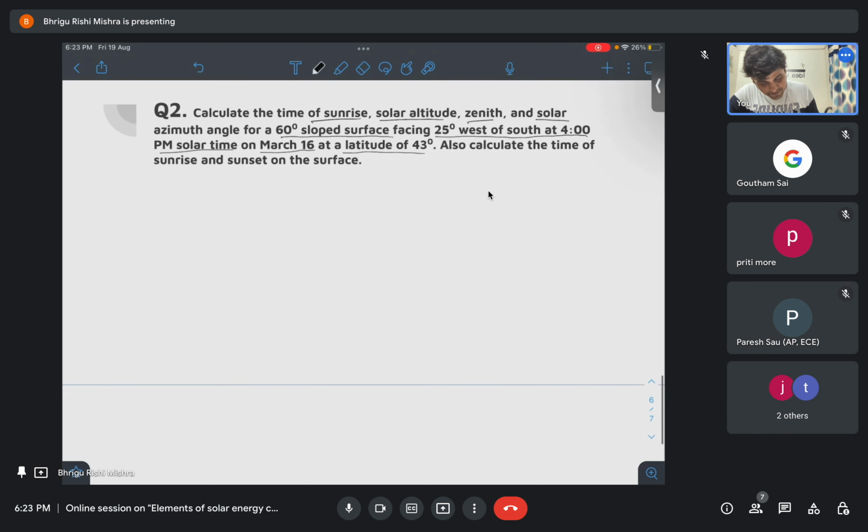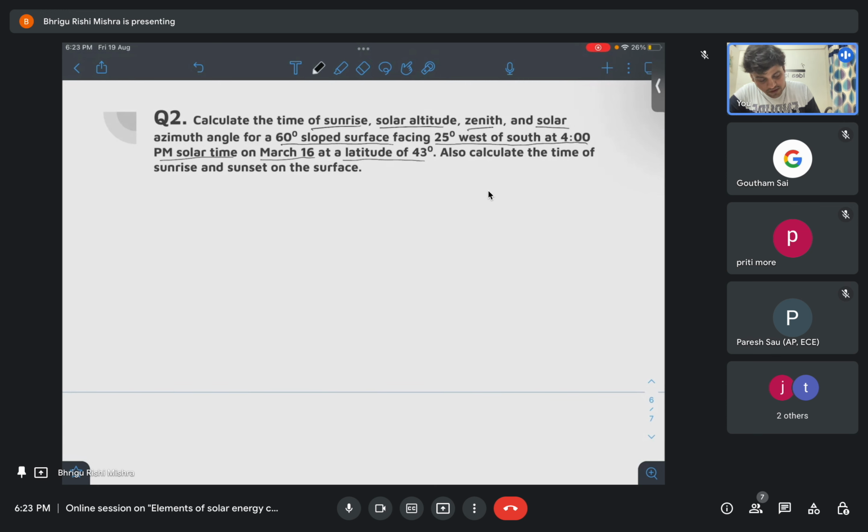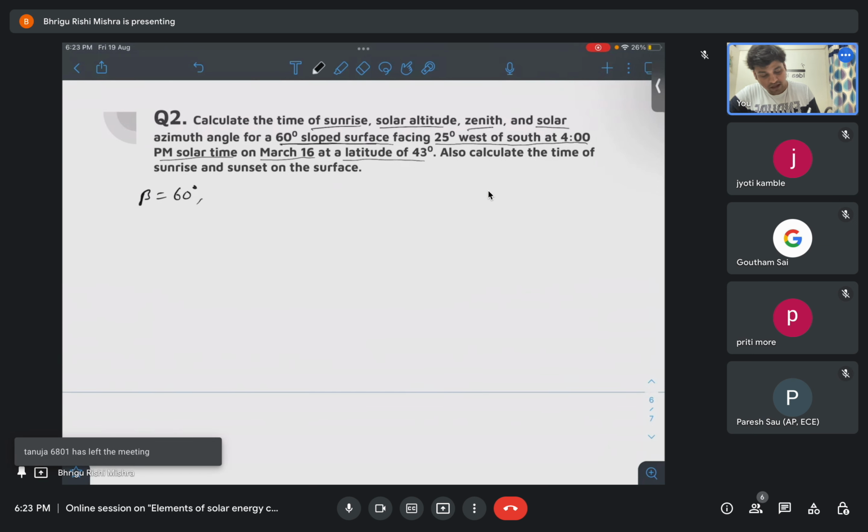For a 60-degree sloped surface, that means beta is 60 degree, and surface facing 25 degree west of south means the surface azimuth angle, Az dash, is 25 degree.